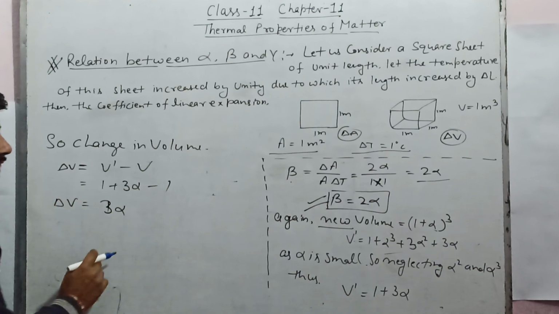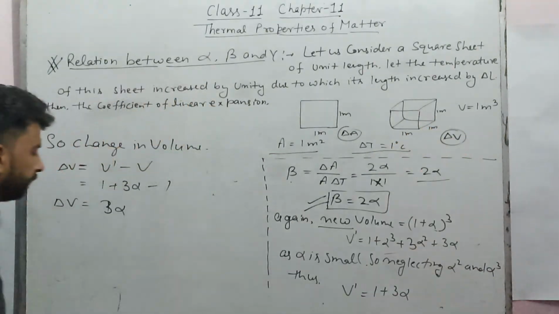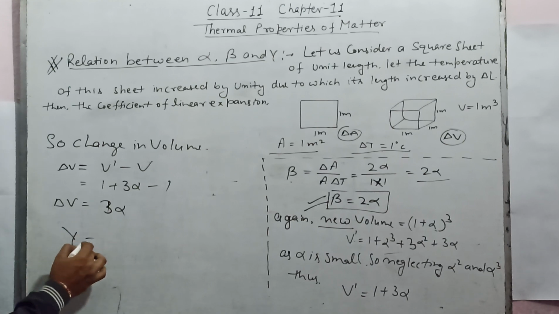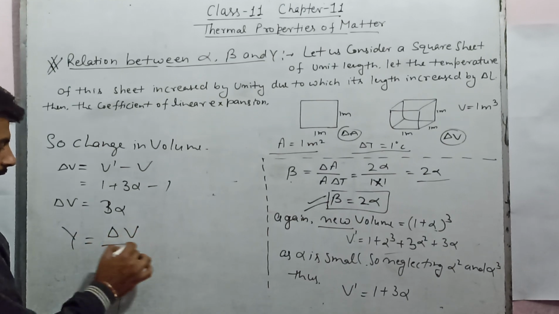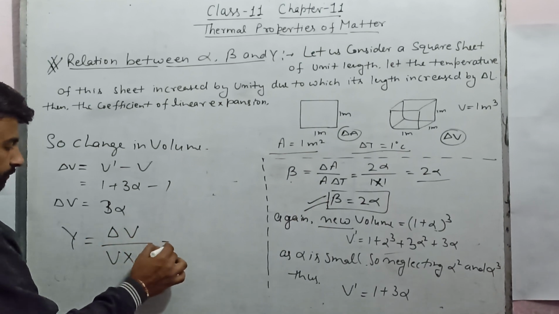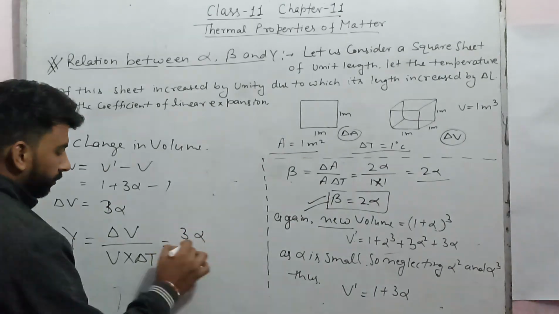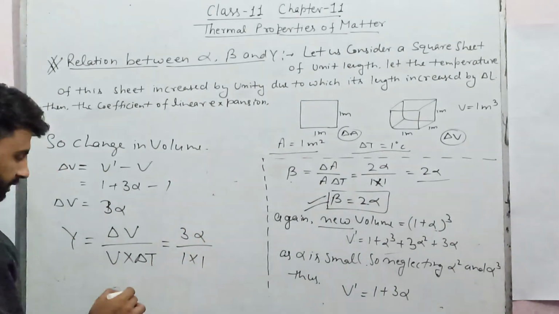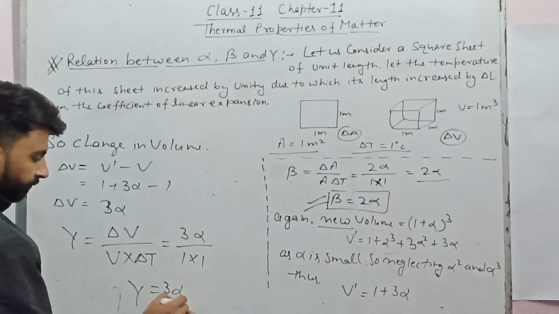Delta V is equals to 3 alpha because initial volume is equals to 1. Now the coefficient of cubical expansion gamma is equals to change in volume upon original volume into change in temperature. So 3 alpha upon initial volume 1, and temperature difference is also 1 degree Celsius. So gamma is equals to 3 alpha.